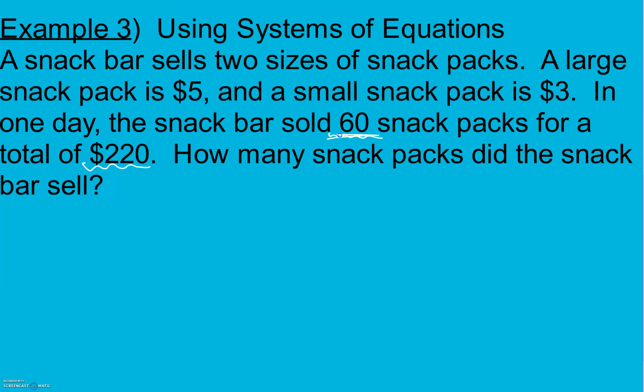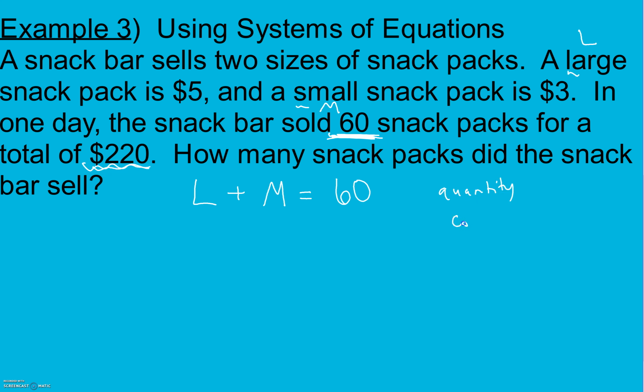So we're going to have two different equations here. One is going to deal with just how many snack packs. We have small and we have large. So I'm going to use M for small because S's are hard and L for large. So the total number of large and small snack packs was 60. So this one deals with quantity. The second one, we're dealing with money.